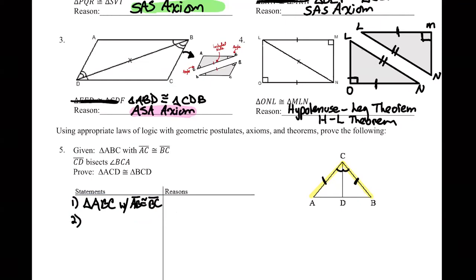We've got another given statement, CD bisects angle BCA. Both of these are givens. After that, we start drawing conclusions.